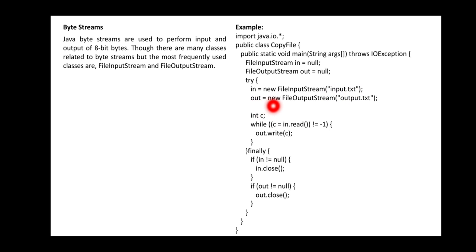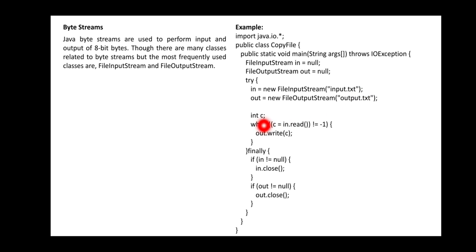And out is equal to new FileOutputStream output.txt. This is used for writing: you read the information, and it will be stored here, and you write the information within the output file. So of these two files, one is for reading and the other is for writing into.